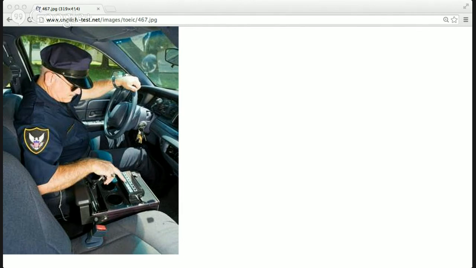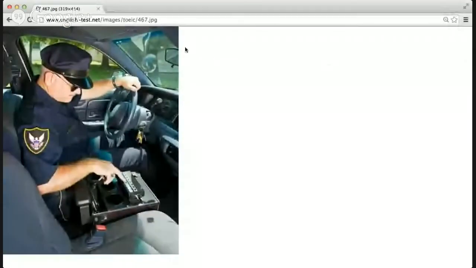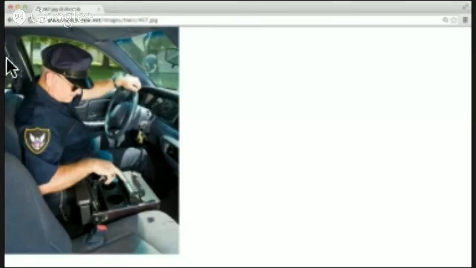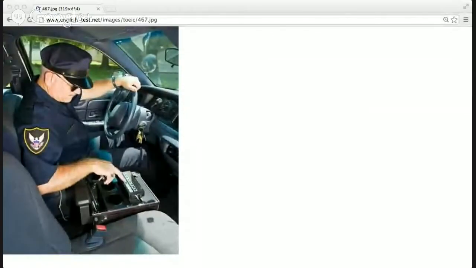So the mirror that he was talking about is called the rear view mirror. The front window here is called the windshield.